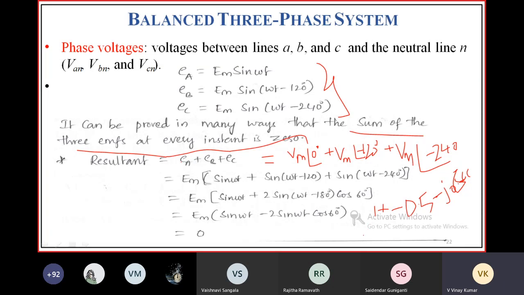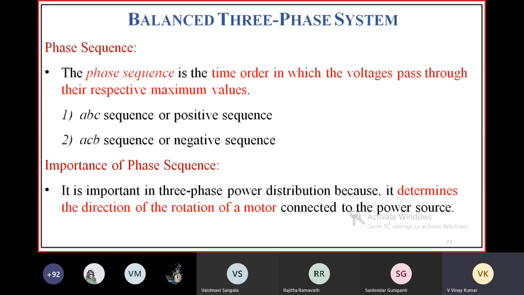That will be minus 0.5 plus j 0.866. If you add all these, then that would be 0. So it can be proved in many ways that the sum of three EMFs at any instant is equal to 0.